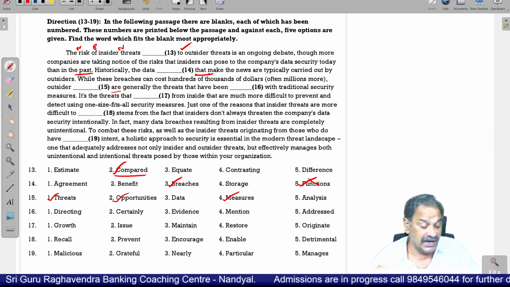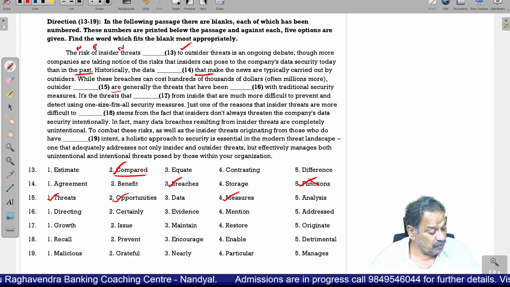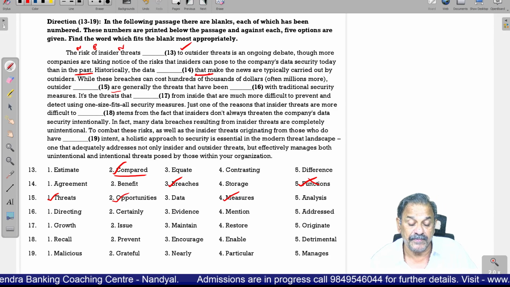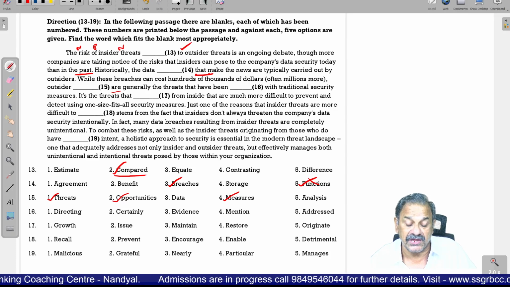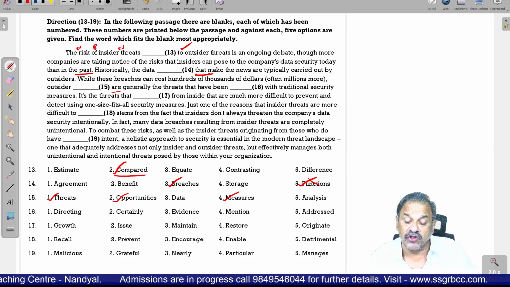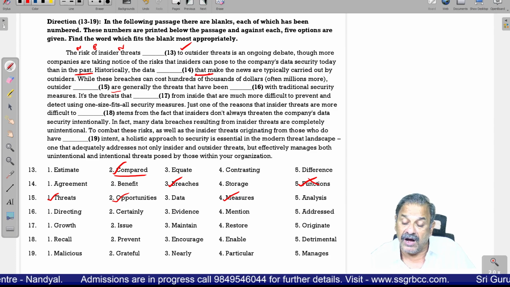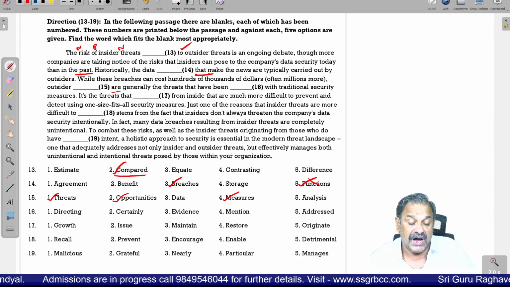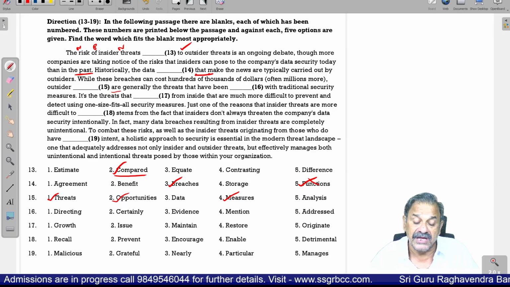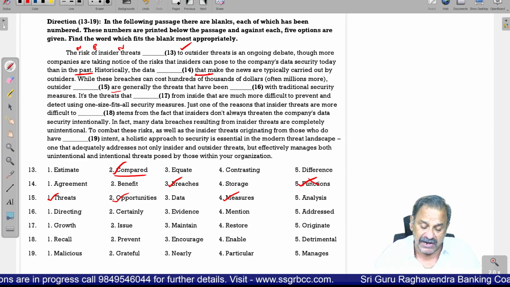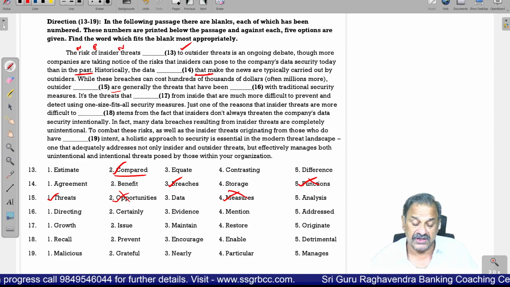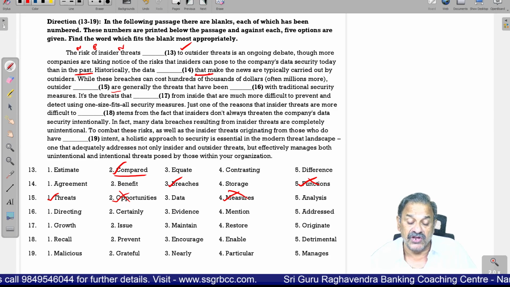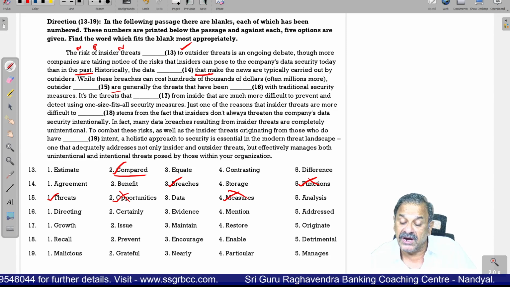So while these breaches can cost hundreds of thousands of dollars, often millions more, outsider threats are generally the threats that have comparison. So definitely what do you have to use? Threats. Outsider threats are generally the threats that have been dash with.